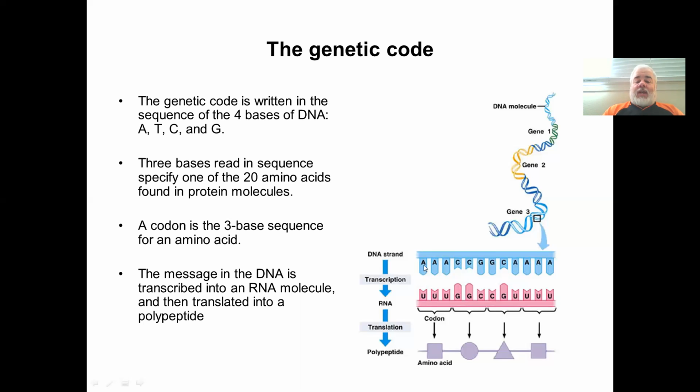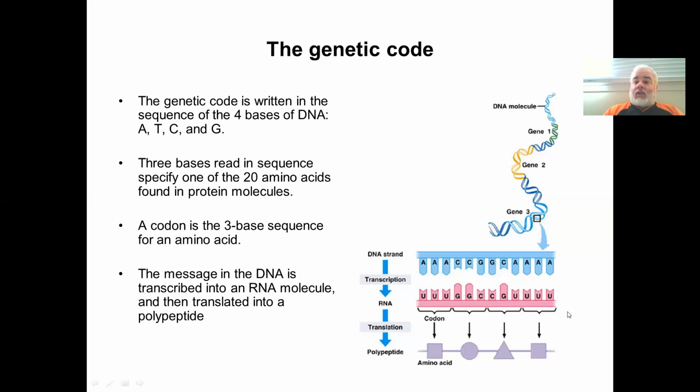So you can see how it's being transcribed. A's would normally go with T in DNA, but here there is no T, so it's U, U, U, G, G, C, and you're just copying the opposite. A goes with U, C goes with G, G goes with C, and the only one they don't show here, if there was a T on the DNA side, a T would go with an A on the RNA side.